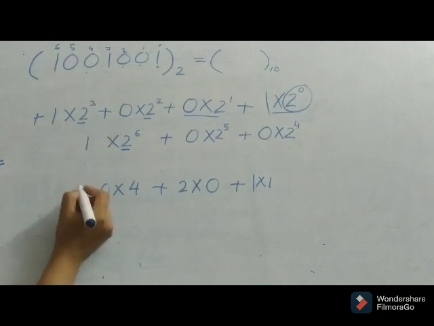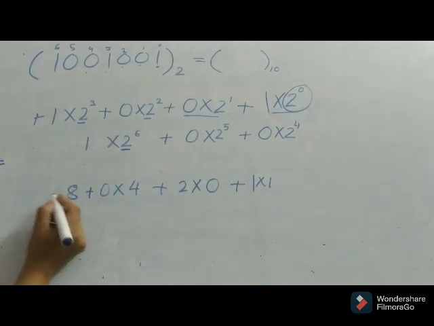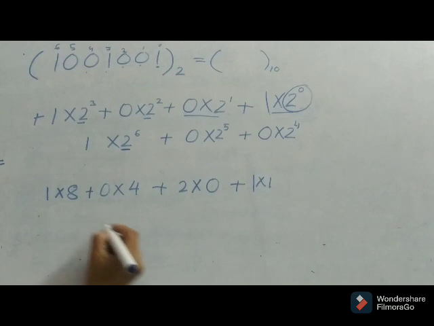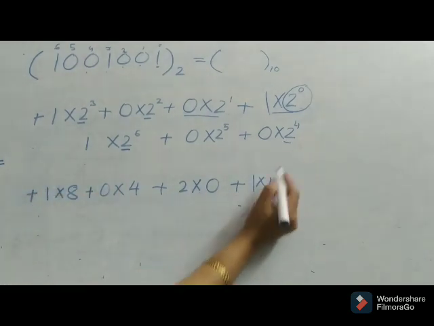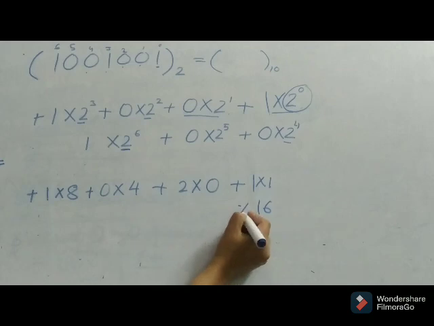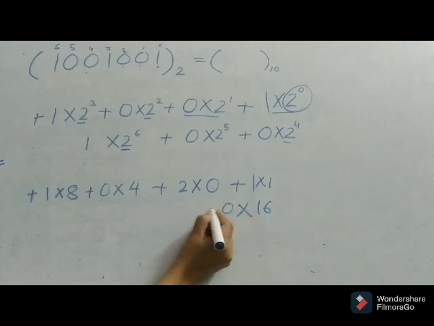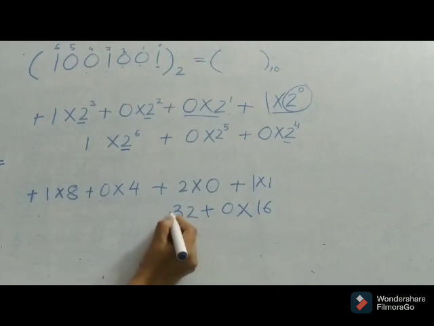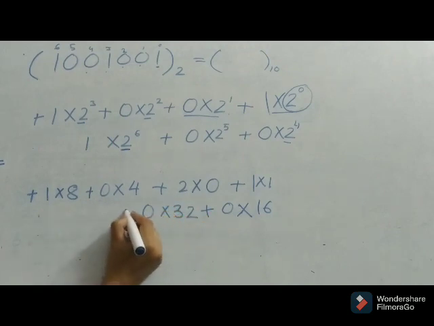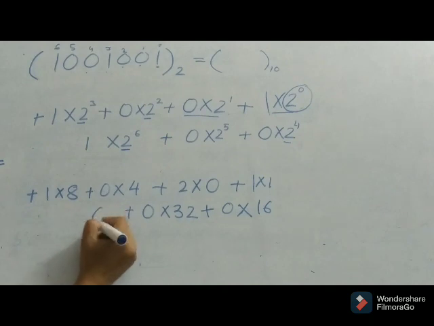Then 2 to the power 3, that is 8 into 1, then plus 2 to the power 4, that is 16 into 0, then 2 to the power 5, that is 32 into 0, plus 2 to the power 6, 64 into 1.